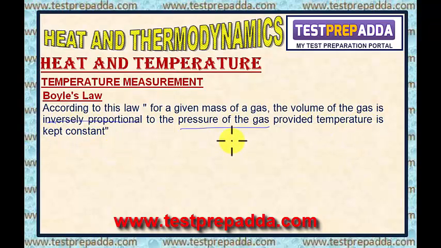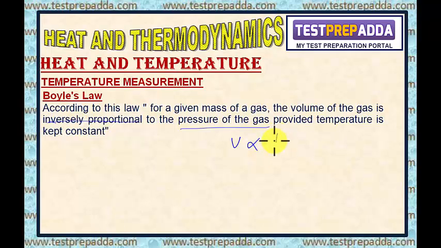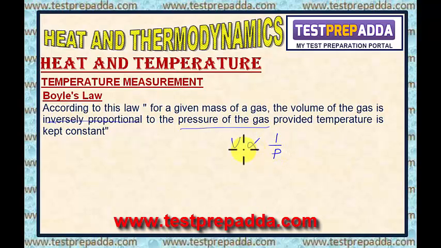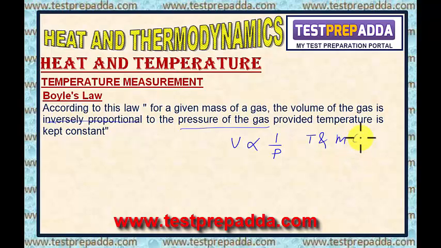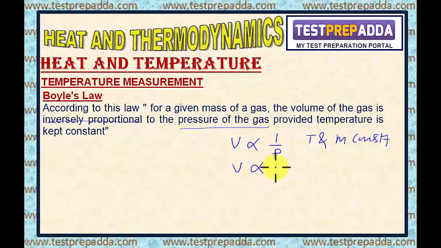Means V is proportional to 1 by P. Here temperature and mass are kept constant. In Charles' law we have said that volume is directly proportional to temperature in Kelvin. Here pressure and mass were kept constant, right?